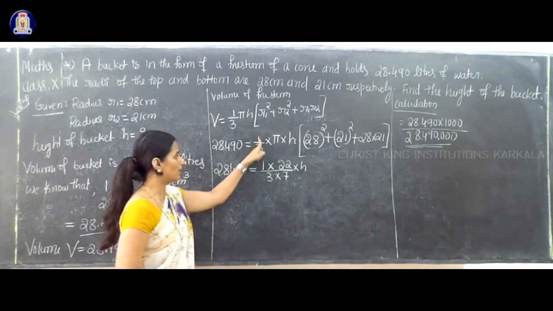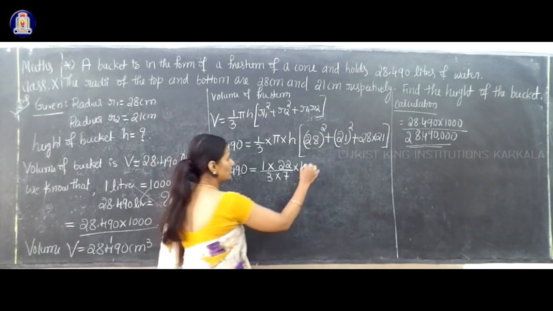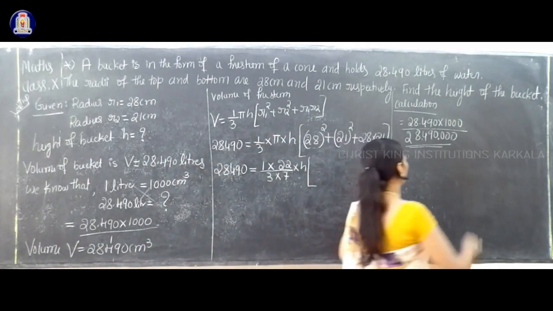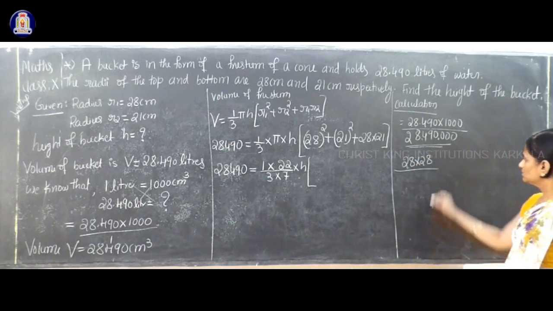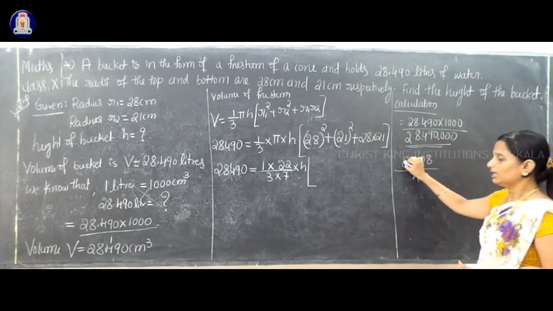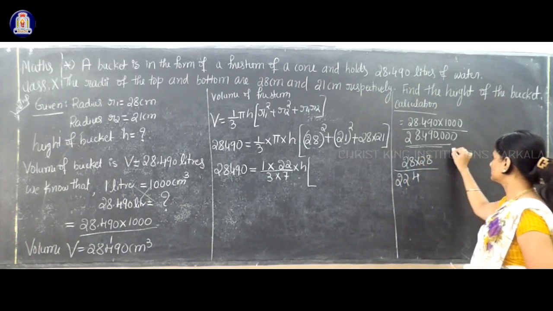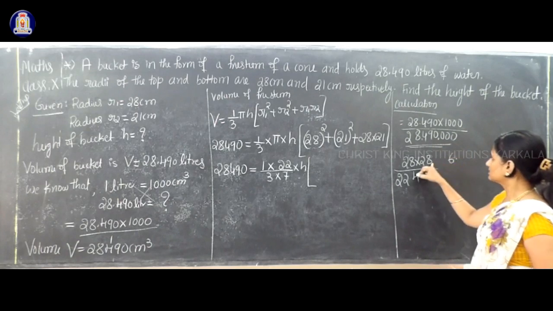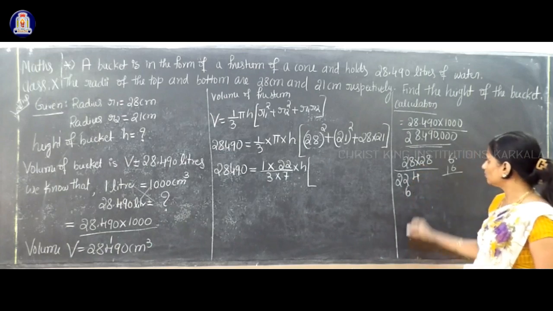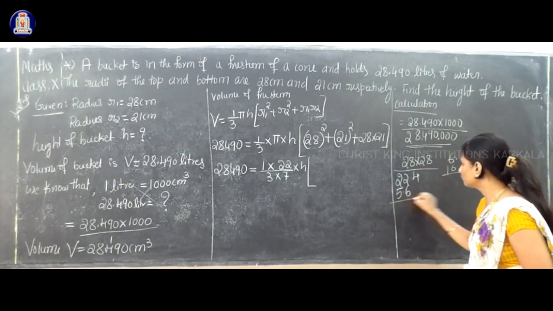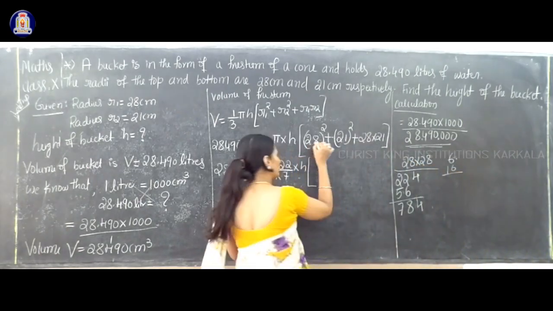So now simplify 28 square: 28 into 28. 8 8s are 64, 6 carry; 8 2s are 16, 16 plus 6 is 22; 2 8s are 16, 1 remainder; 2 2s are 4 plus 1 is 5. So it is 784.